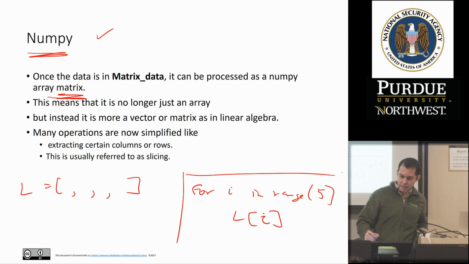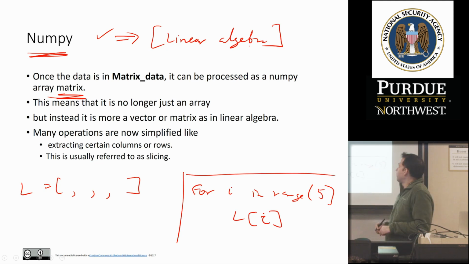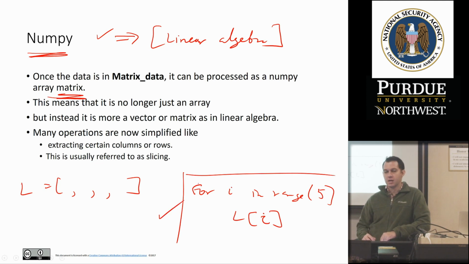So what Numpy does is that it allows you to introduce linear algebra techniques into Python, so that these algorithms have been optimized in Numpy to be very efficient. They are much faster. So writing code like this is going to be considerably slower than writing code in Numpy format, right?